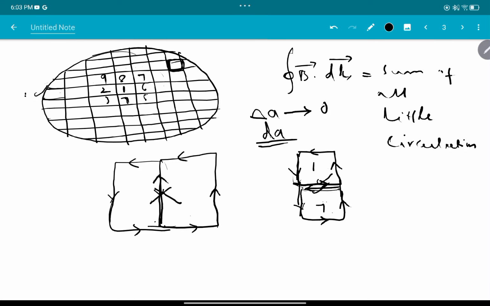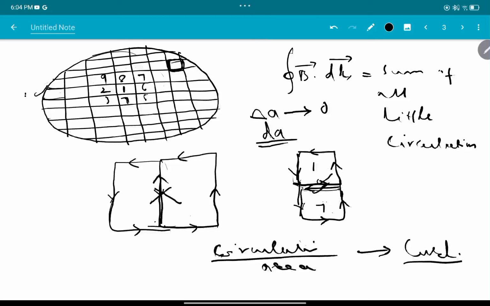And when the area decreases, the ratio of circulation by area tends to a limit, because as area decreases, circulation also decreases. However, if the two tend to a limit, that limit is called curl. Curl refers to a point, while a circulation refers to a loop.